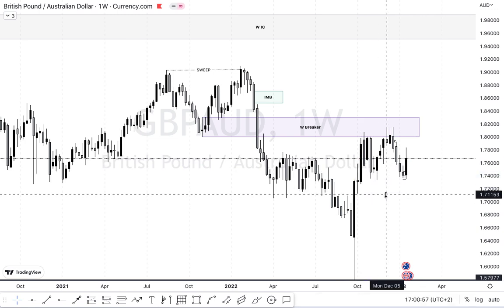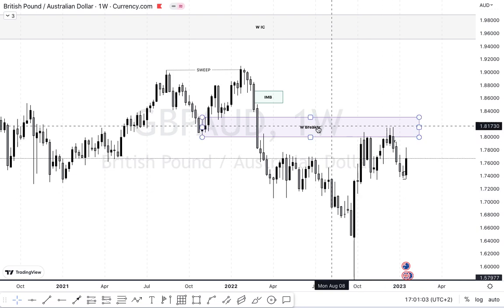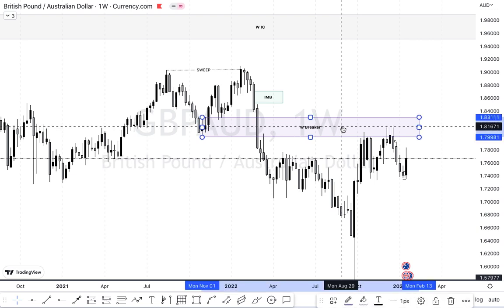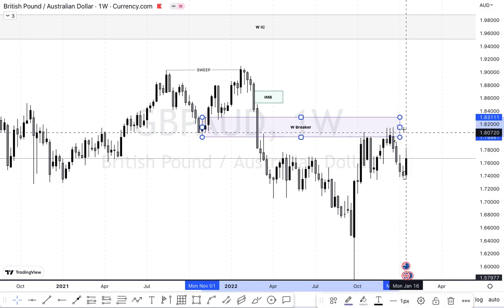And so there was a lot of demand being introduced in the market at these levels to push price higher up, resisting this bearish pressure that is being dropped down by the breaker block.